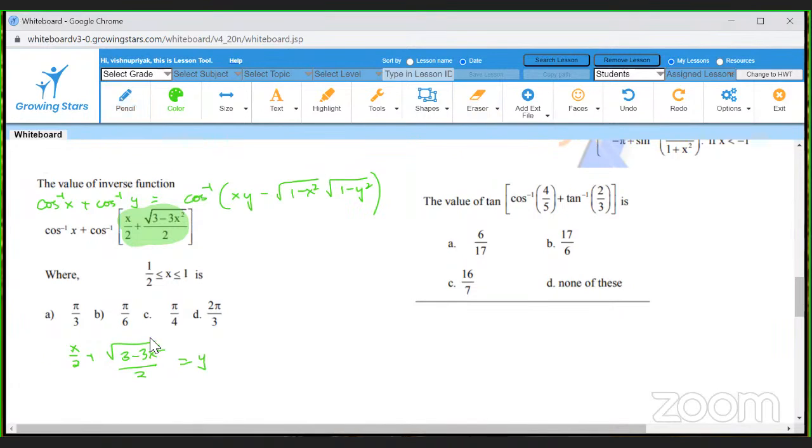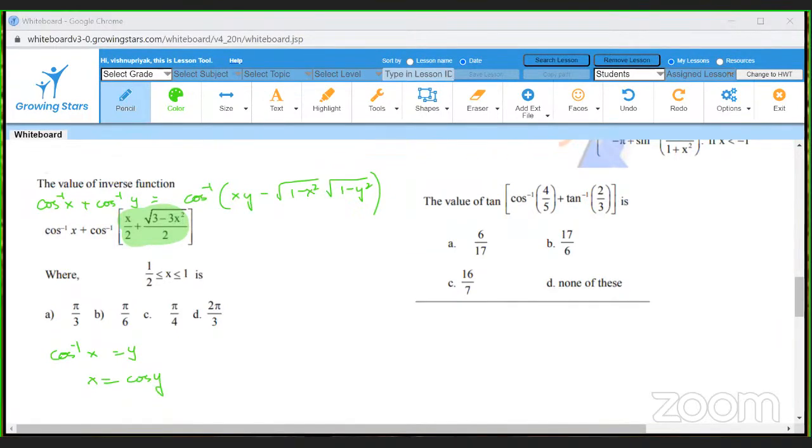So instead of that, if I take cos inverse x as y, what will happen? X will be equal to cos y. Isn't it? So how to solve it is, take cos inverse x equal to y. X will be equal to cos y.